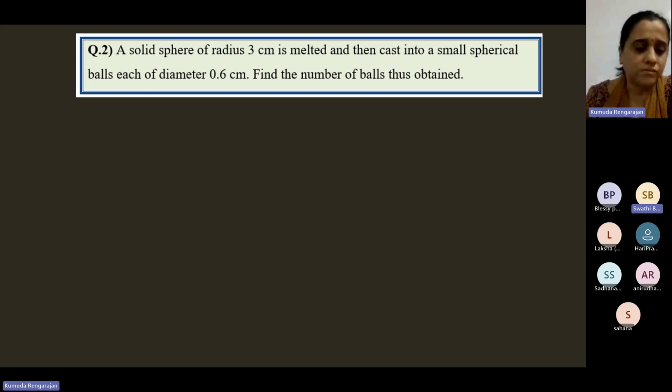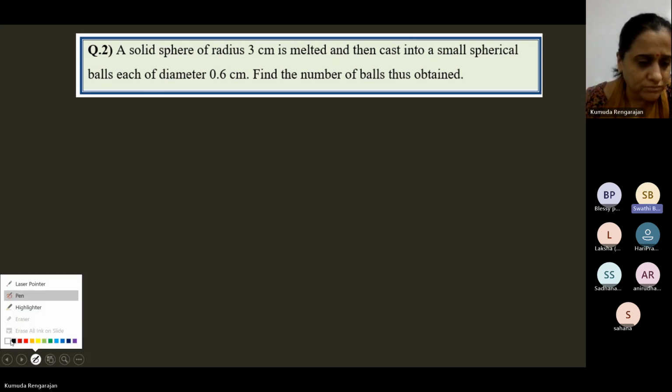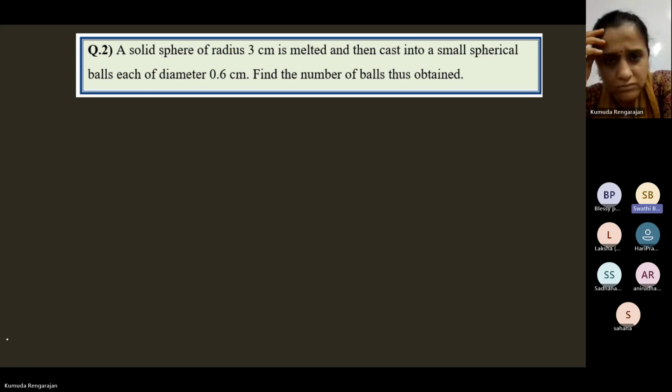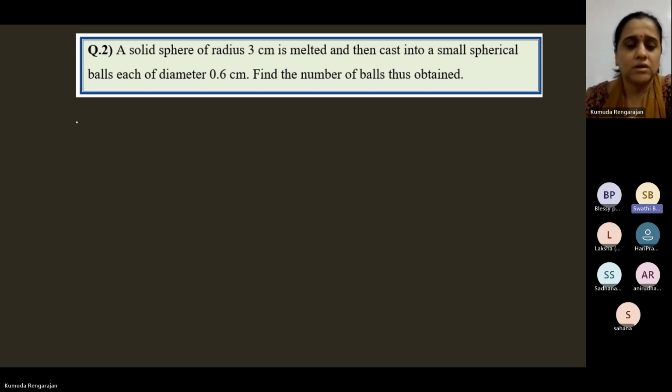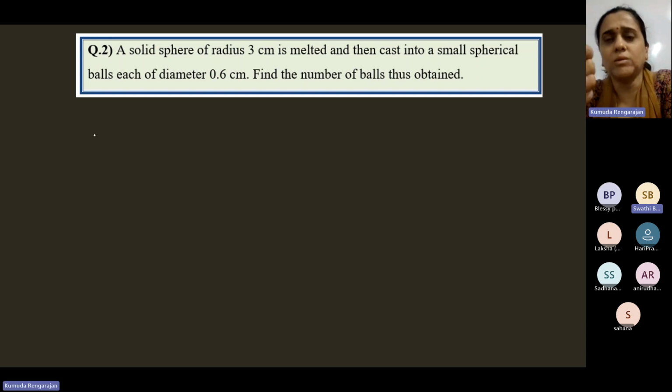Correct. Volume of the solid sphere equals volume of small spherical balls. Correct.